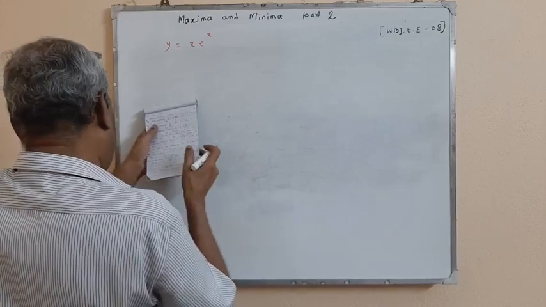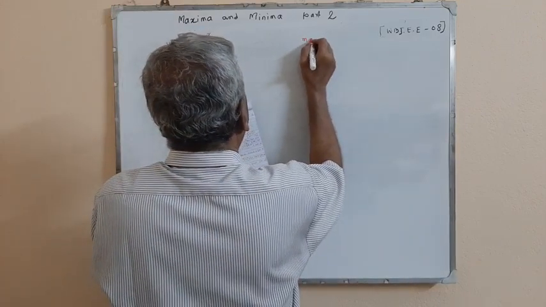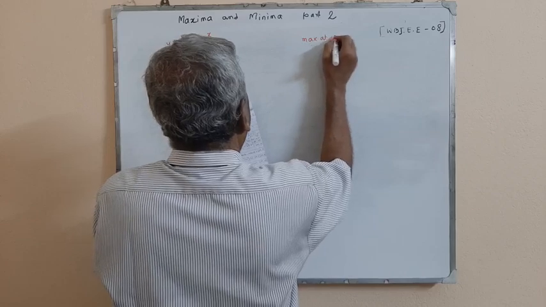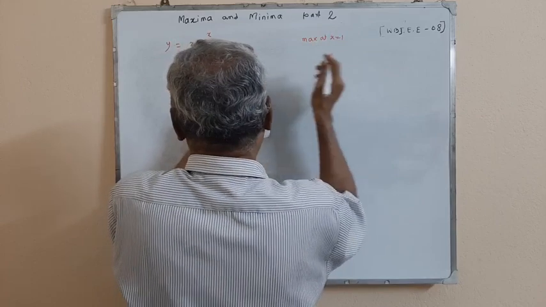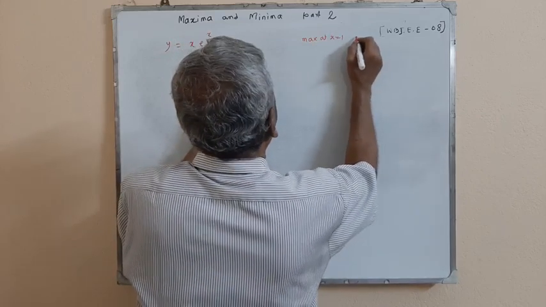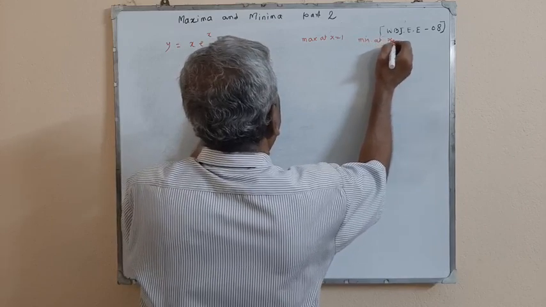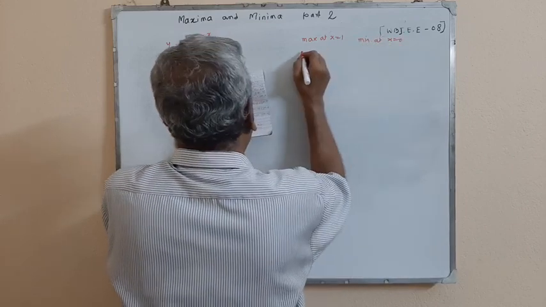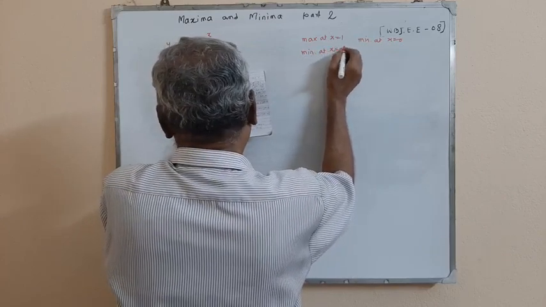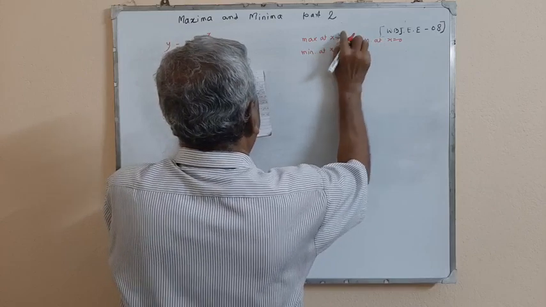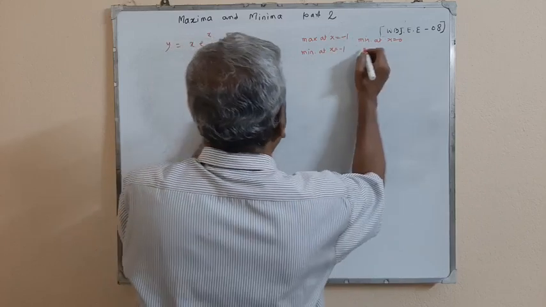Number 1, maximum at x is equal to 1, minimum at x is equal to 0, minimum at x is equal to minus 1, and the maximum at.